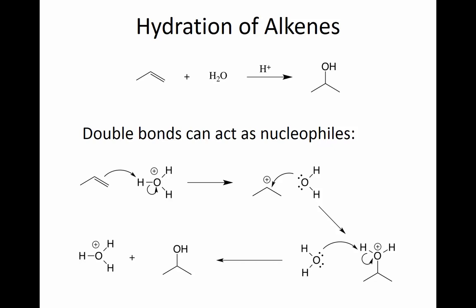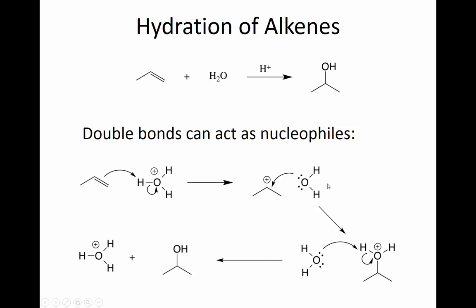Okay, so let's look at hydration of alkenes, where double bonds, like we said, can act as nucleophiles. What they can do is donate electrons to grab a hydrogen and become an alkyl ion, a positively charged ion. And we have water.